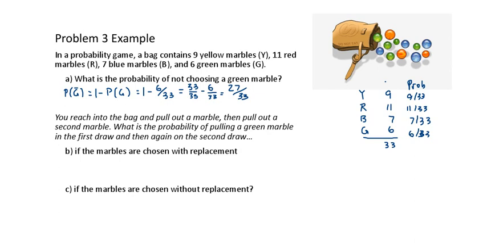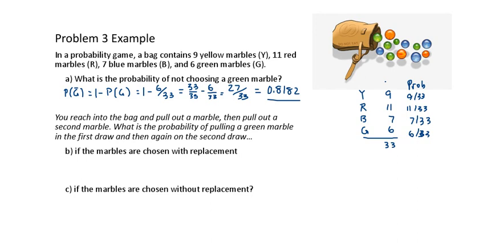We're going to round our decimal to 4 decimal places this time, and that's equal to 0.8182. So this is our probability of not pulling a green marble.